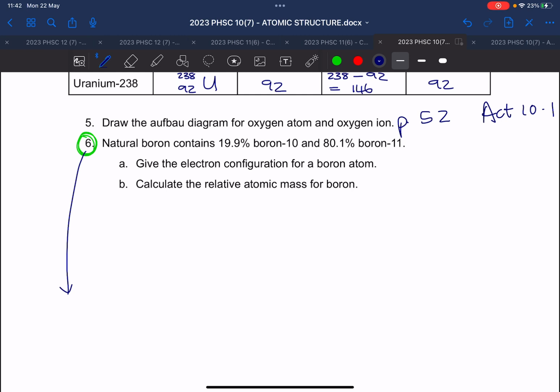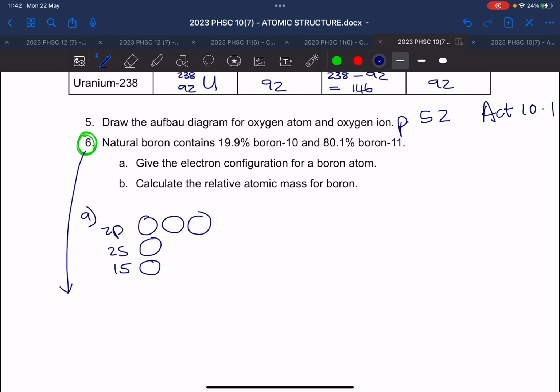Boron, you asked if we can do it together. Here we go. Boron ends in which energy level? 2. So we have 1s, 2s, and then 2p.